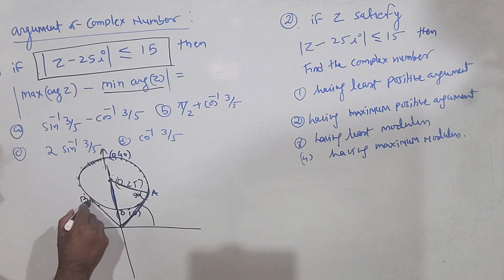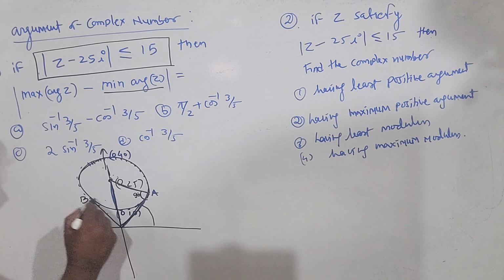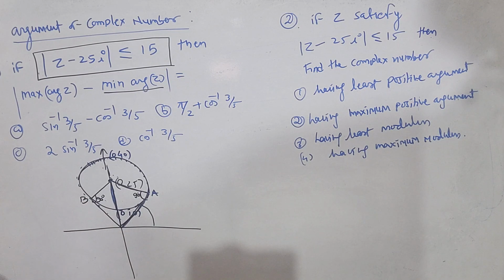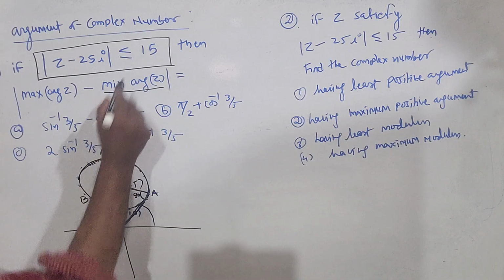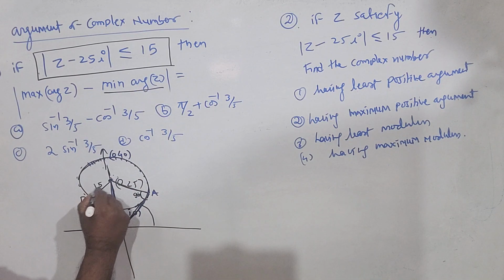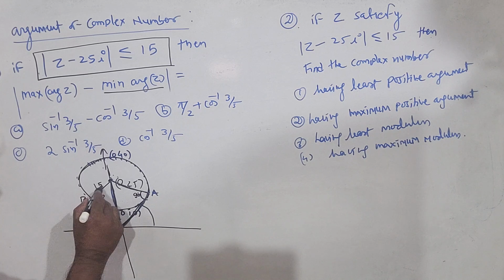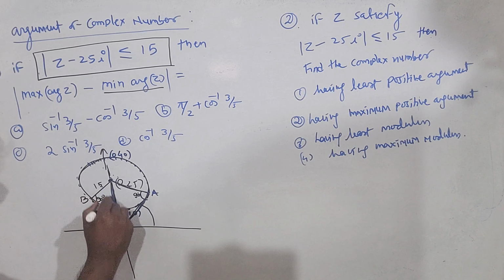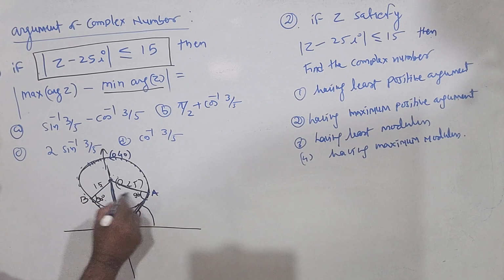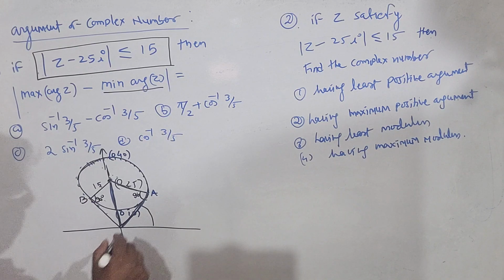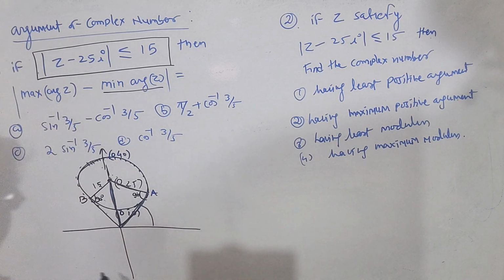And similarly here, this is the point of tangency and the tangent to this circle, therefore this angle is also 90 degrees, and the radius is given as 15, so this is 15. This is also 15, so these two sides are the same in these two triangles, this side is common, and these are right angle triangles, therefore these are congruent triangles.